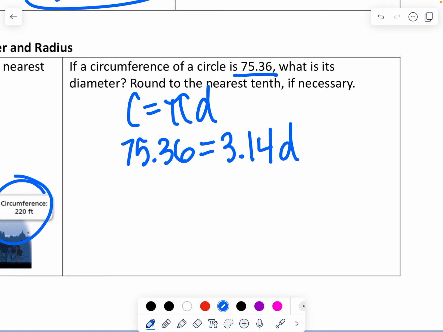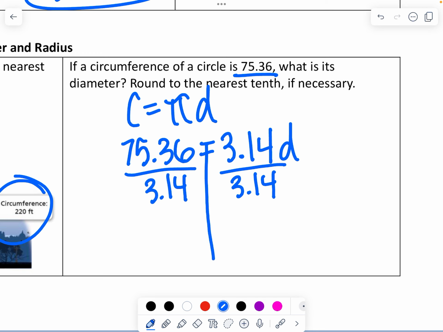And now you solve it. I'm going to draw my line down the equal sign, and divide both sides by 3.14. 3.14 divided by 3.14 is 1, so I can cross that out, and I get D on the right side. Then on the left side, I have to divide 75.36 by 3.14.